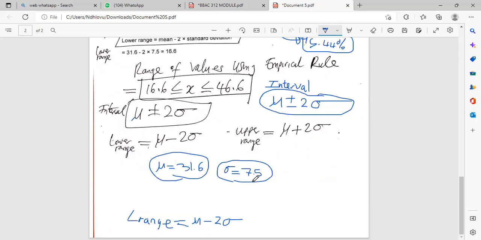Like what I've explained now, it was within 2. So we need to explain how you get it within 1, within 2, and within 3. That is what we are going to look at.